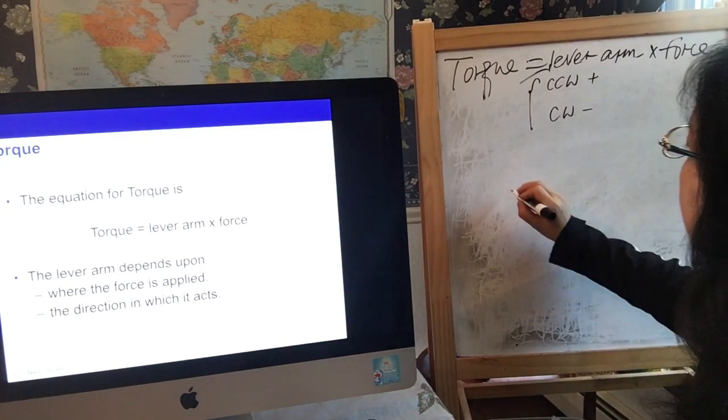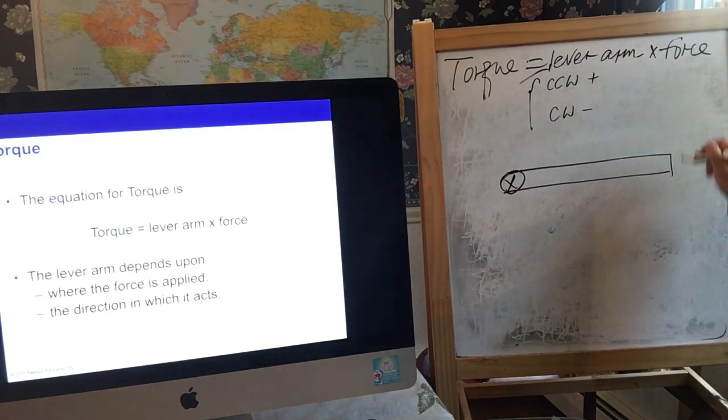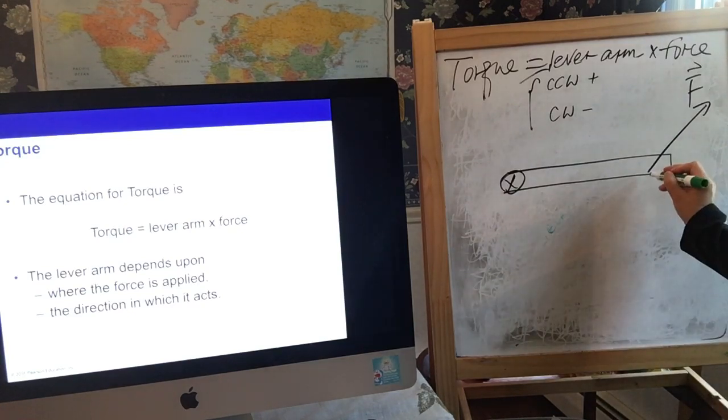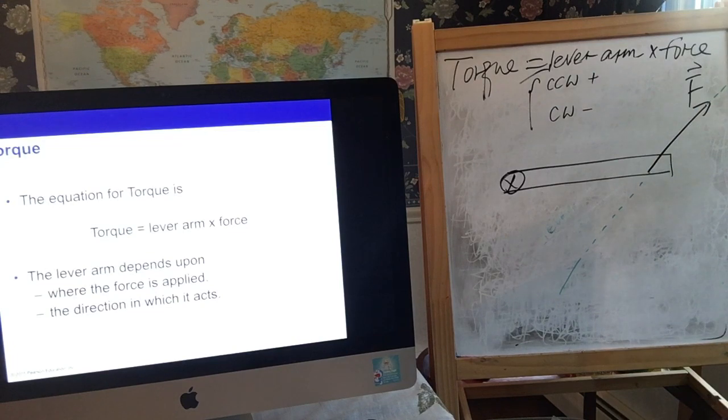Again, this is where the door hinge is located, and you are applying the force like that. So what is going to be your lever arm in this case? You can extend the force in both directions if the force is not long enough. This line is called the line of action of the force.